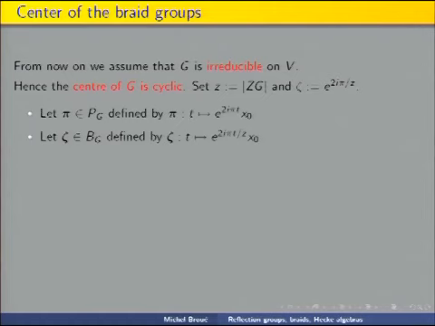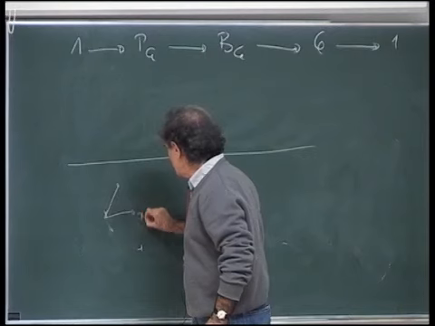You go from x naught to zeta x naught by turning just around x naught. The picture is of course totally wrong because x naught is here, but okay, you turn around x naught.